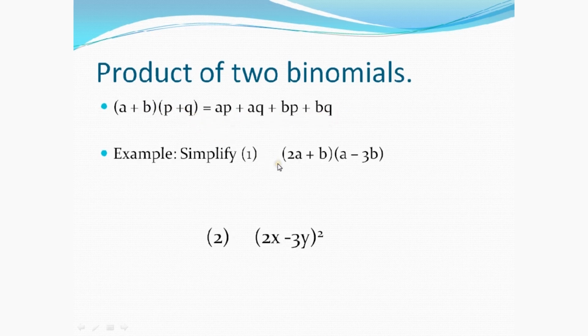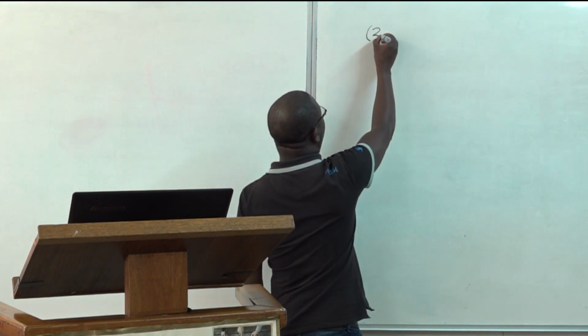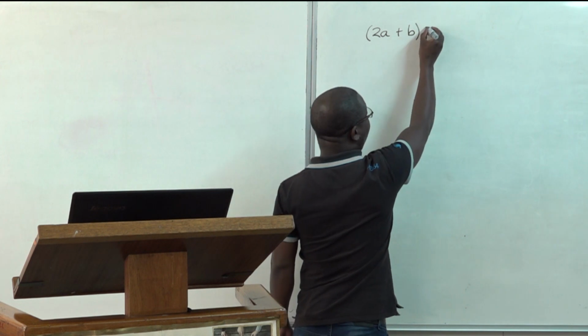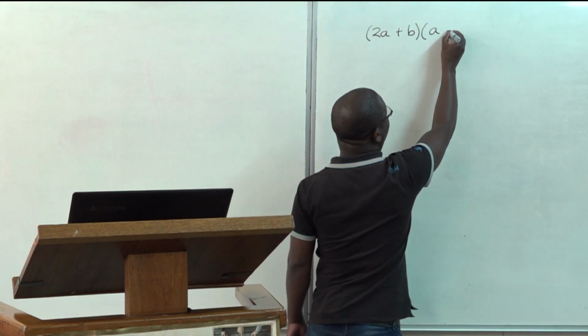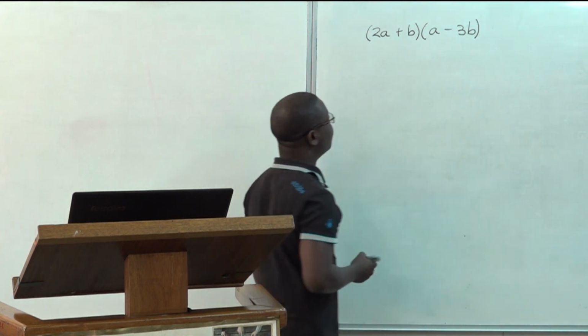We will then look at two examples to demonstrate the product of two binomials. So I will deal with the first example on the board, and then we'll move on to the second example again on the board. 2a plus b times a minus 3b.